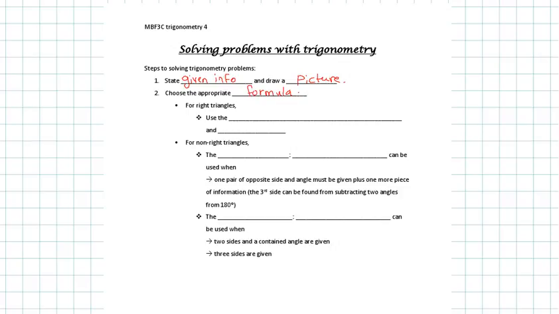Right? These are the two that you can use for right triangles. These are the ones that you cannot use for oblique triangles. So use the primary trig ratios, in other words, SOHCAHTOA, and the Pythagorean theorem.